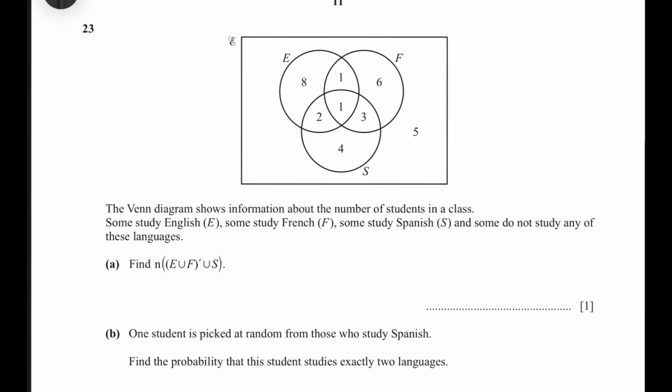The Venn diagram shows the information about the number of students in a class. Some study English, some study French, some study Spanish, and some do not study any of these languages. Find n of (E union F) whole dash. So this is for English, French, Spanish. First of all, what is E union F whole dash?